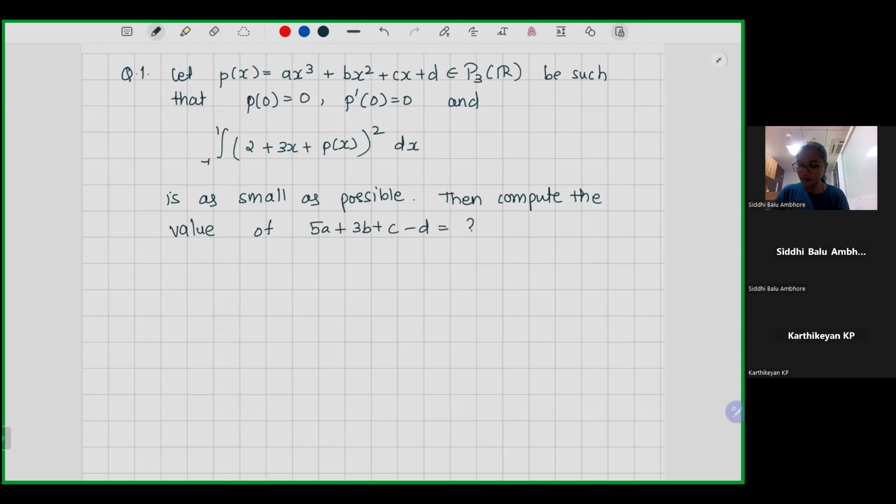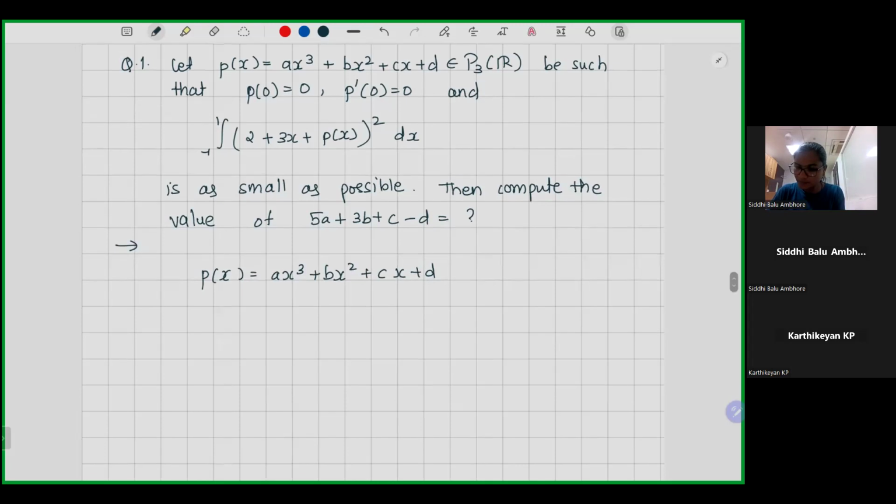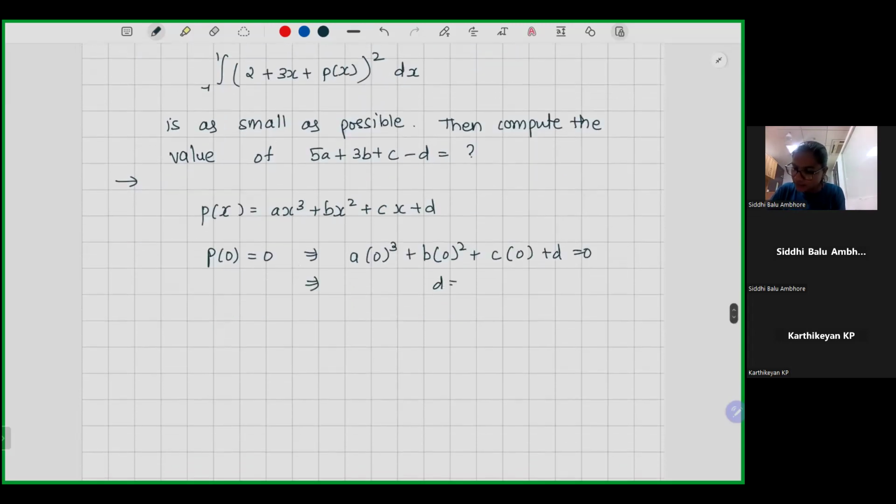First of all, p(x) is ax cube plus bx square plus cx plus d, such that p of 0 is 0. This implies a 0 cube plus b 0 square plus c 0 plus d is equal to 0, so d is equal to 0. This is the first thing we get from the given information.